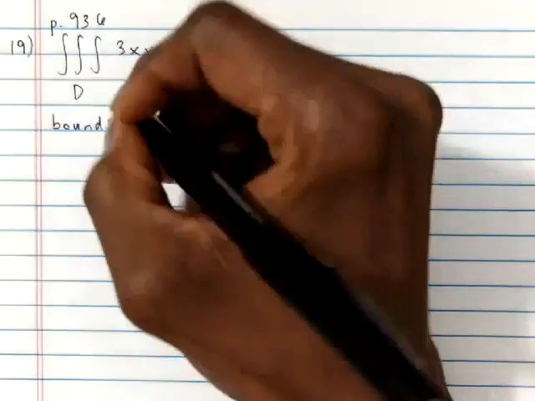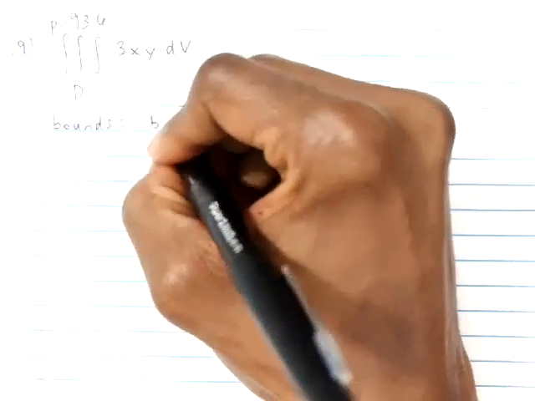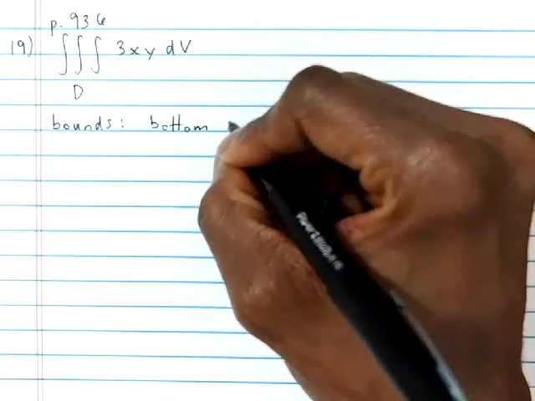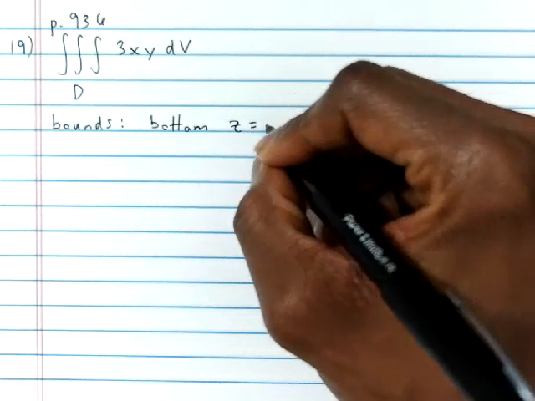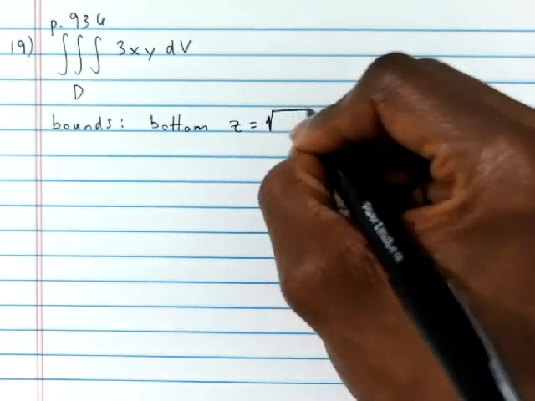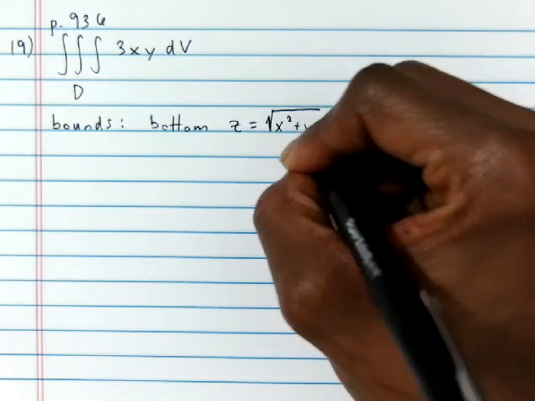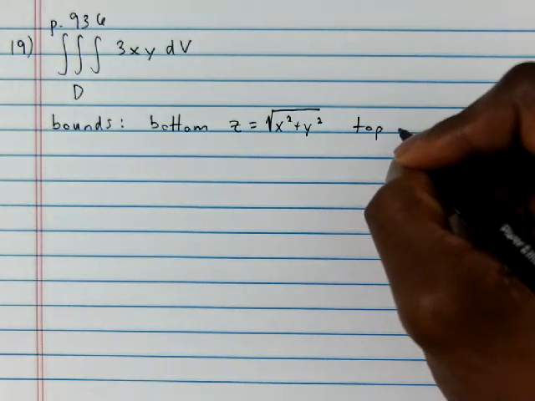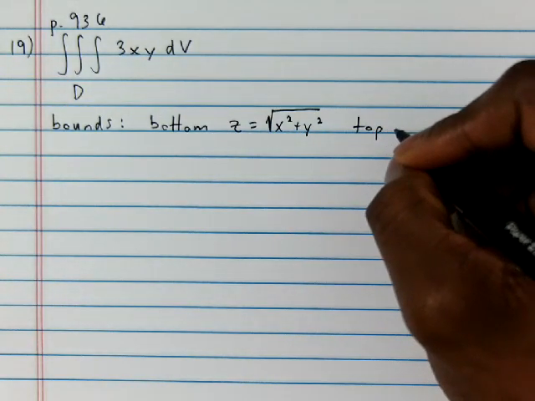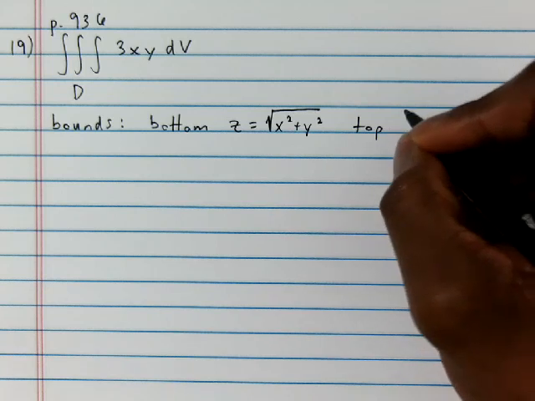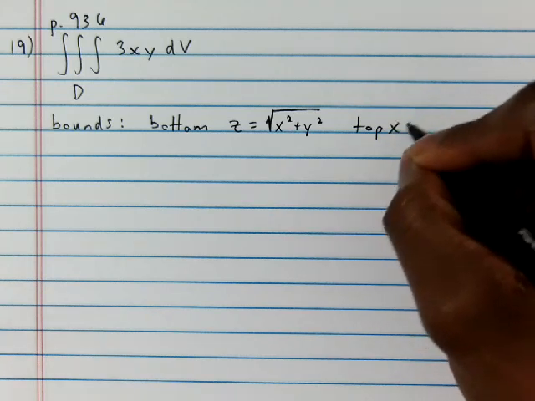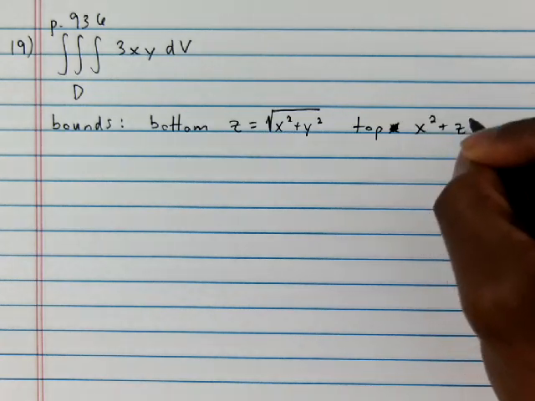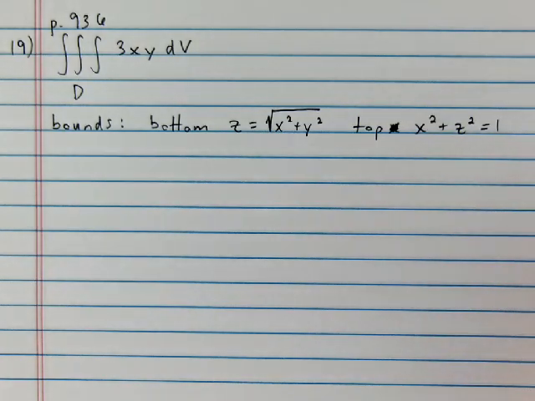So they give us our bottom, which is z equals the square root of x squared plus y squared. Our top is x squared plus z squared equals 1.